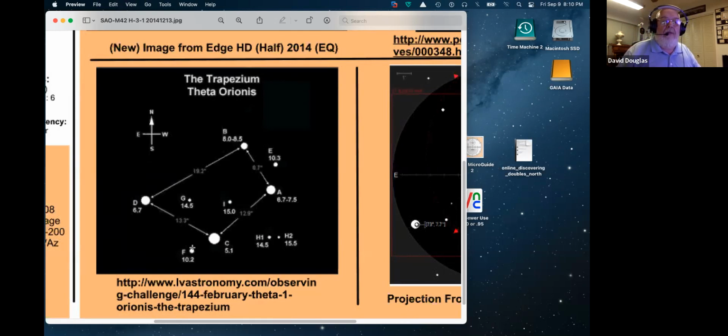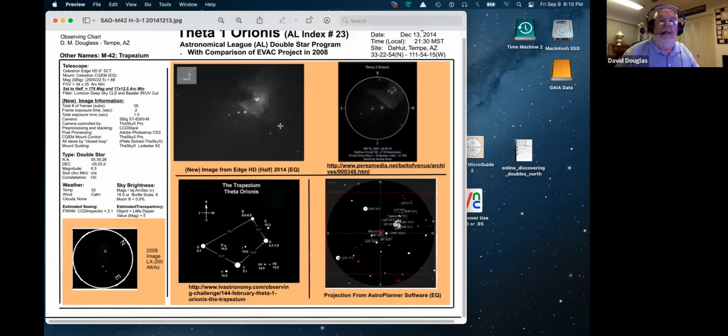Now, if you're looking at the stars here, the numbers directly underneath the stars are the magnitude of the stars, the commonly referenced magnitudes. I have never been able to resolve the H's, which are mag 14 and 15, with the telescope. A lot of reasons for that. Some of that is explainable if we get back here. Where is the trapezium?